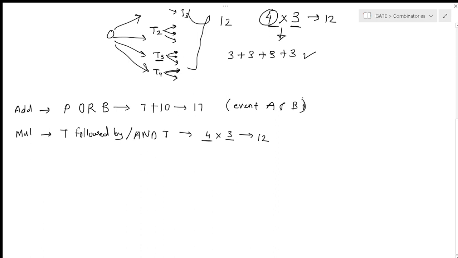I will just write over here disjoint. Sorry for the spelling. The disjointness is the most important thing, because if they are not disjoint, the calculation will be messed up and you would be in trouble. And the multiplication, as we saw, is where you have to do a task 1 followed by some task 2. So these were related to the multiplication.